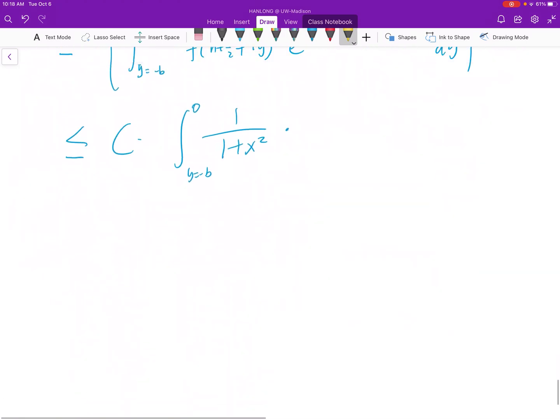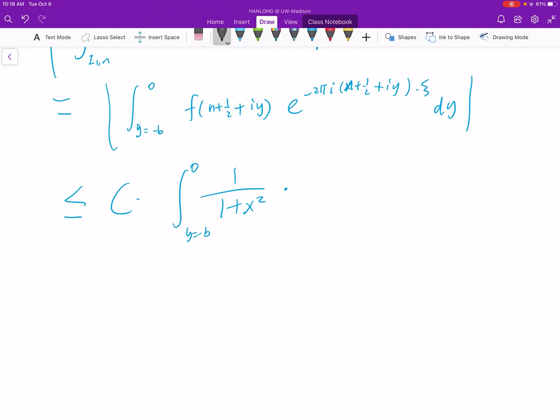The Fourier inversion theorem, we proved it for the real variables, and therefore here it's exponential 2 pi i y c dy.